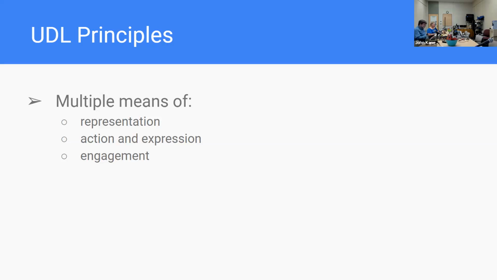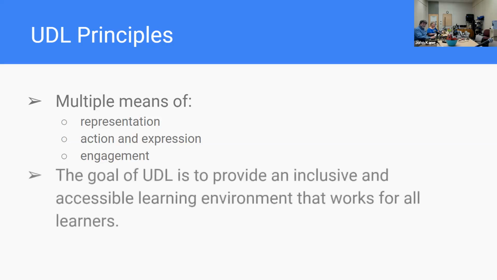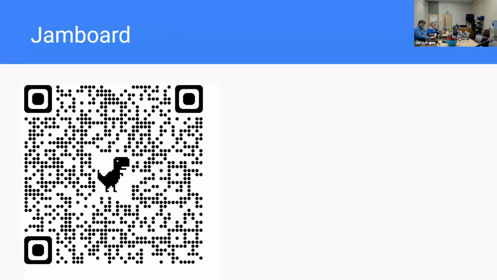And multiple means of engagement is providing multiple ways in which we can connect students with the material, provoking their curiosity and helping them build connections to it. And the goal is to provide an inclusive and accessible learning environment that works for everybody.